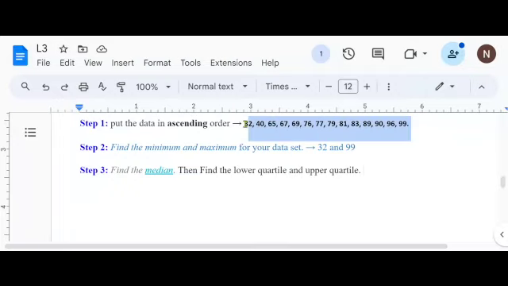Yes. Now, how many numbers do we have? Exactly, so we're going to add 7 plus 1. It's a rule. How much is 7 plus 1? And then divided by 2.